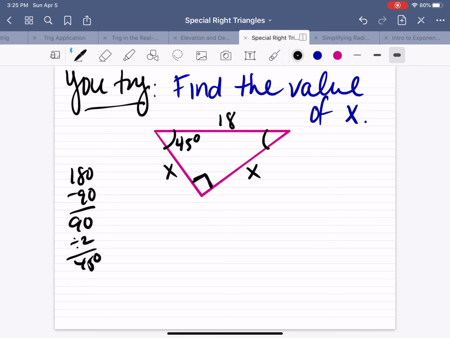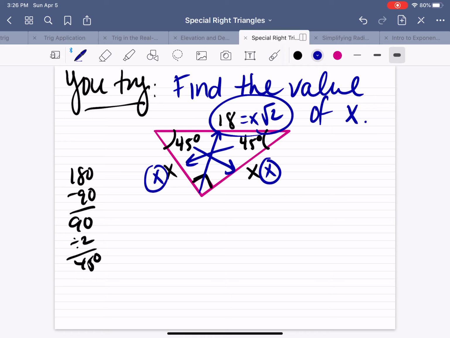So we have a 45, 45, 90. Now, let's label our sides. Across from the 45-degree angle, you have x. Across from the 45-degree angle, you have x. Across from the 90-degree angle, you have x root 2. So of course, this is going to help us solve for the value of x.